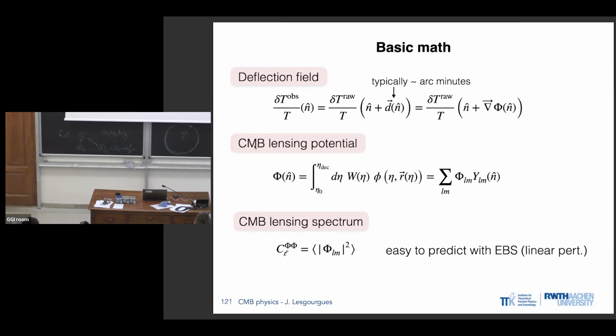So the CMB lensing potential can be inferred from metric fluctuations along each line of sight, with a relation that you know very well if you work in cosmic shear. It's always the same relation that applies to all weak lensing phenomena.